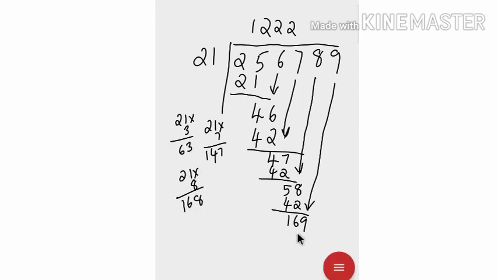It's near to 169. So eight 21s are there. So write 8 on the top. 8 into 21, 168. 169 minus 168 is 1. So the answer is 12,228. This is quotient and this is remainder.